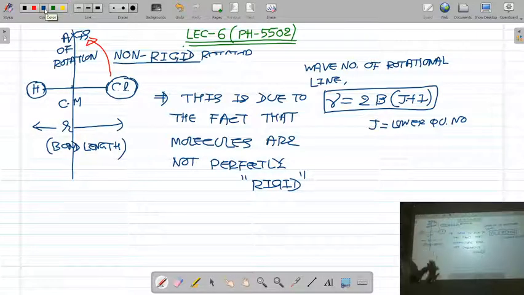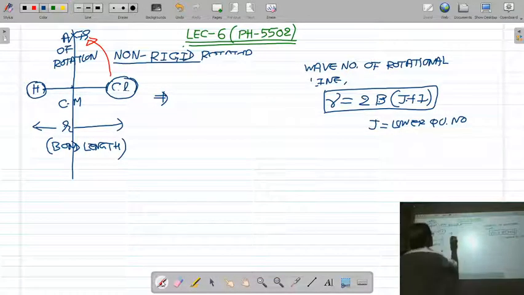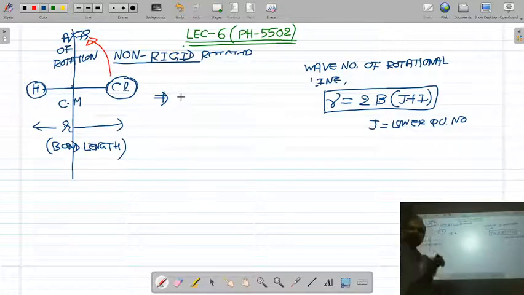Now when the molecule is rotating, due to the centrifugal force, the molecule will stretch, and during the stretching of the molecule, the bond length R is going to increase. So R is not going to remain constant. Once again I repeat: during the rotation of the molecule about the axis, the molecule will stretch due to centrifugal force.